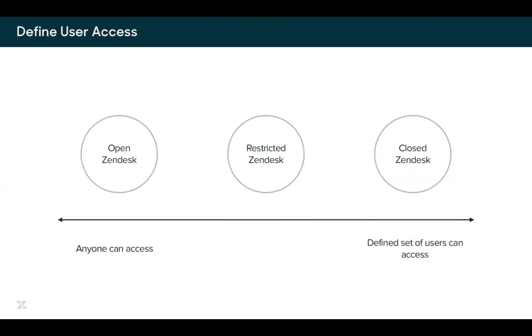So all of these configurations, and really that restricted one, just allows you to fine tune exactly your audience, who should have access to your self-service articles versus who has access to submit a ticket that's going to be handled by one of your support professionals or another team.